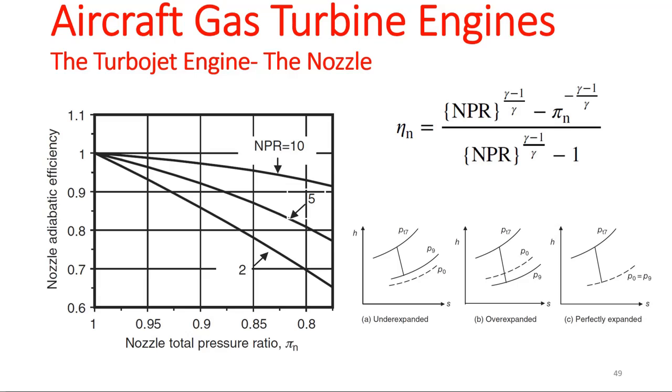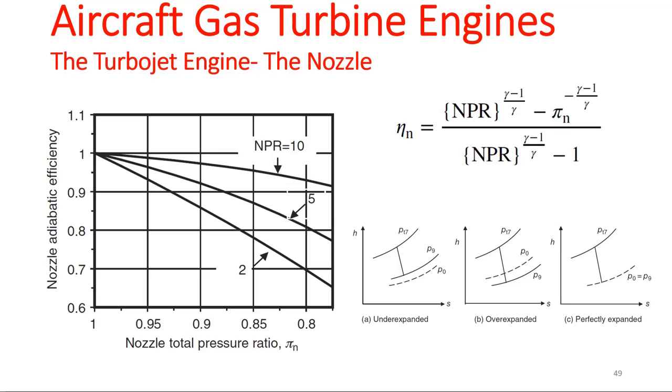From the figure on the left, you can see that the nozzle total pressure ratio, pi of n, is of course related to the nozzle efficiency, as we have from the equation as well. As you increase the total pressure ratio, your efficiency will decrease.